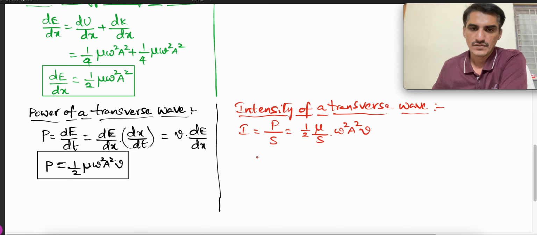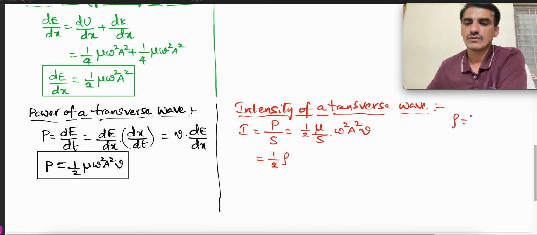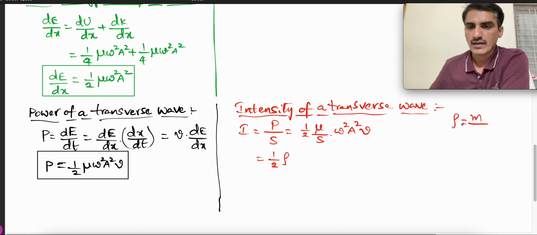So power per unit area is half into mu by S into omega square a square into V, and mu by S is equal to rho. Rho is mass by volume, density.